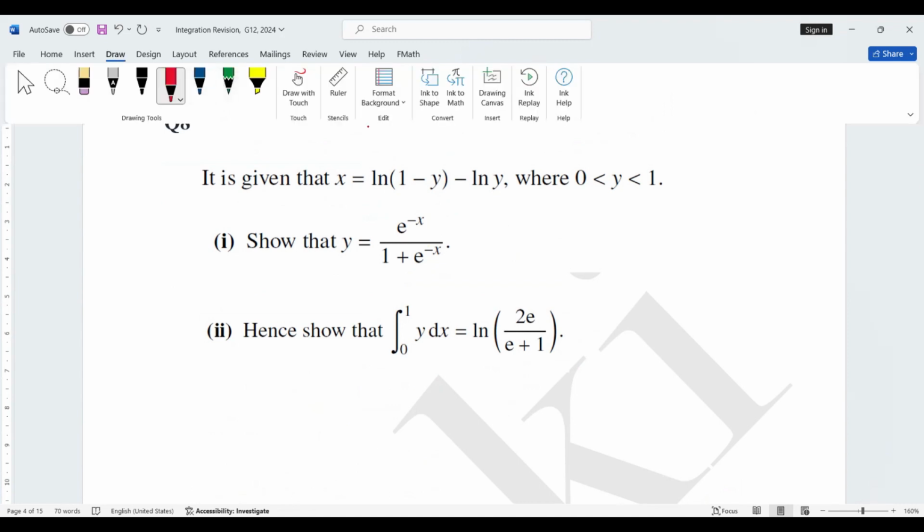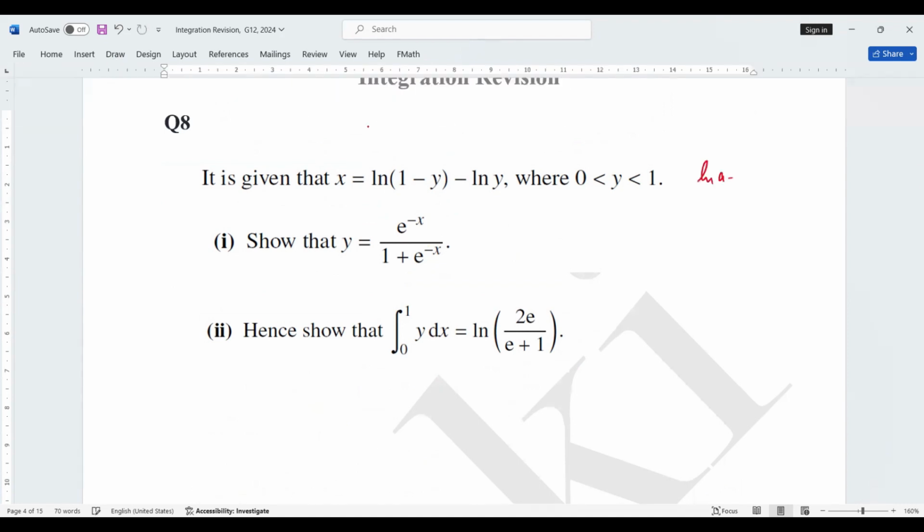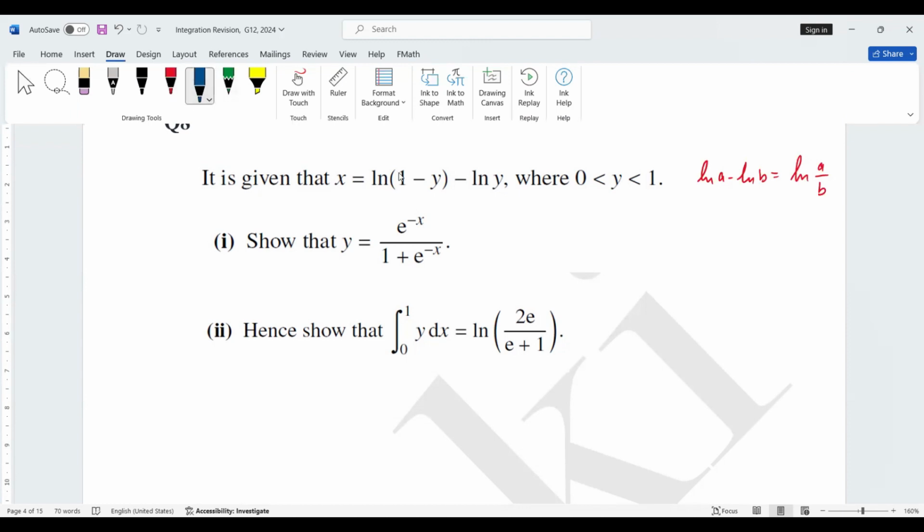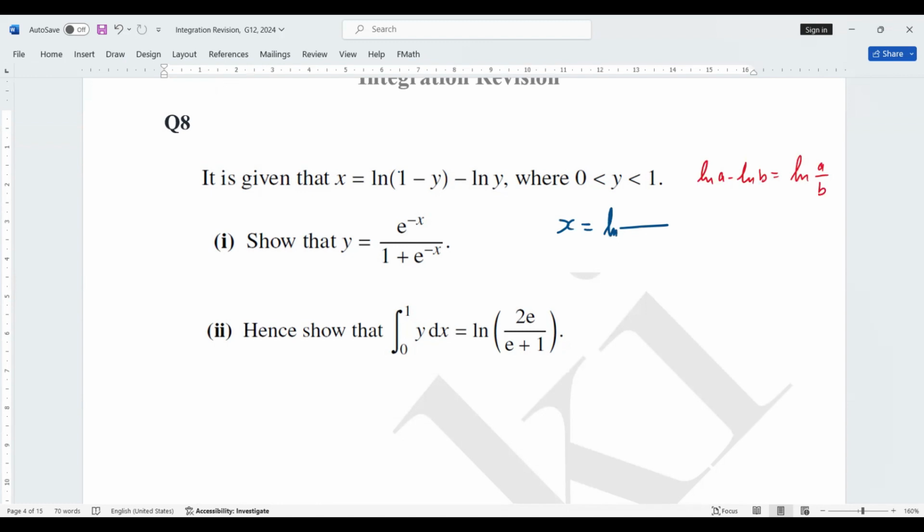We know that from the rules of ln A minus ln B equals ln A over B. Then we can write x equals ln 1 minus y over y. We can convert this to exponential, ln the number to the base e equal the power.